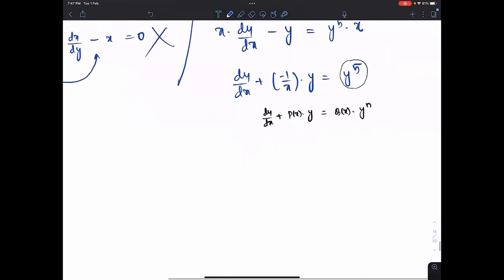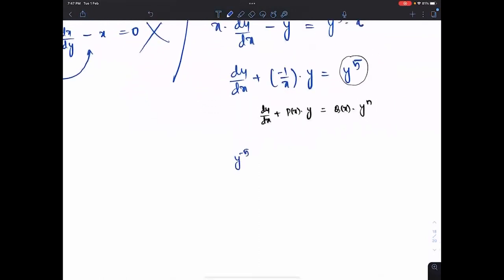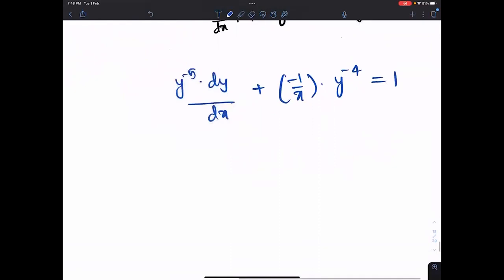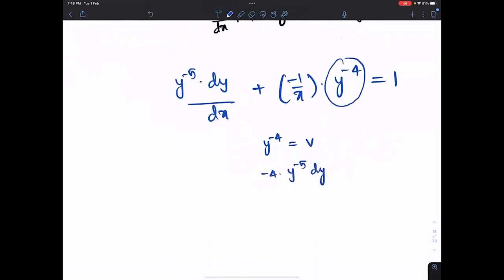Then you will get y power minus 5 into dy by dx plus minus 1 by x into y power minus 4 equals 1. Now simply take y power minus 4 as v, then minus 4 times y power minus 5 dy will be dv.